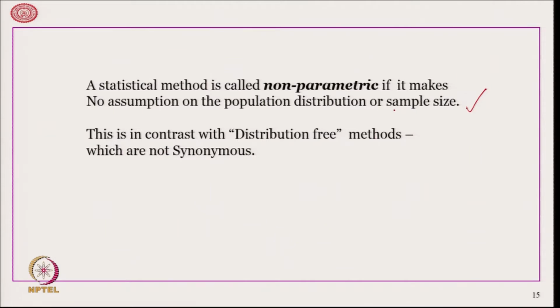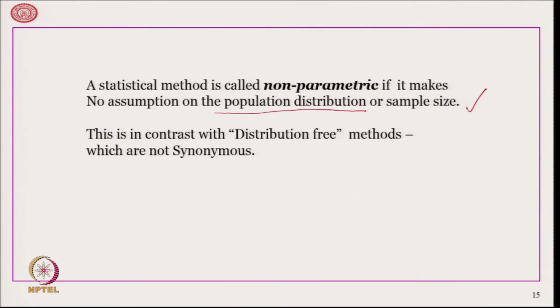You will see later that there are statistical tests on non-parametric way where sample size may be 2, 3, but still we can work with that small size data, and generally there is no assumption on the population distribution, but this is not quite correct.